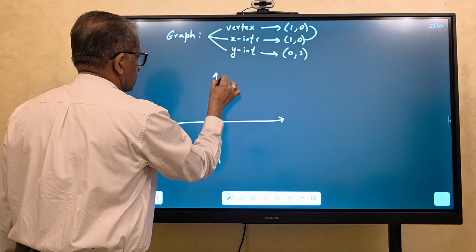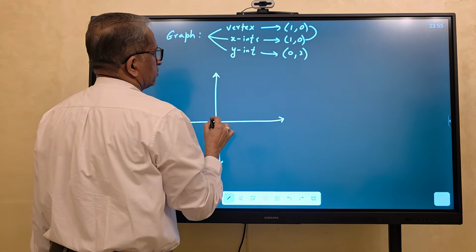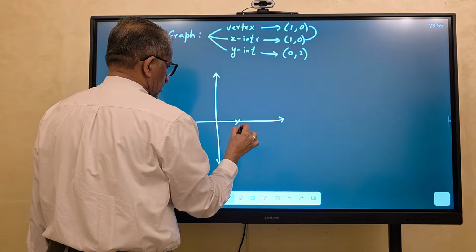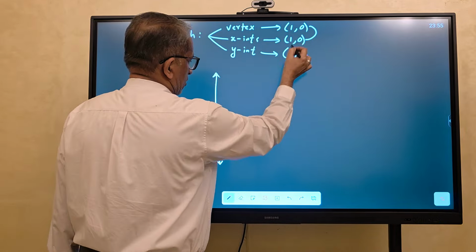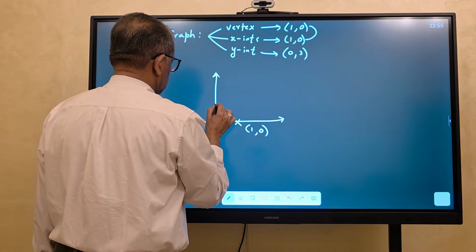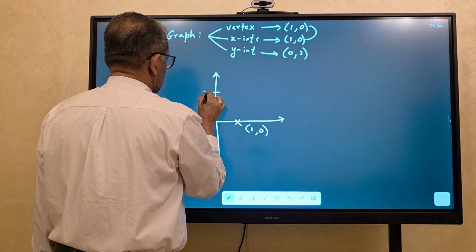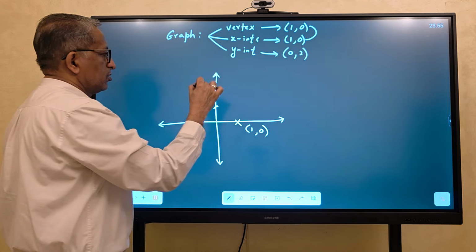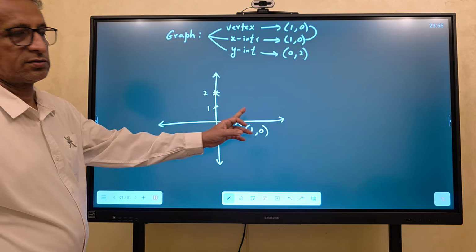This is the x-axis and this is the y-axis. 1 comma 0, this is 1 comma 0. Same 1 comma 0 here. 0 comma 2, this is 1 and this is 2. That is 0 comma 2. So we have only 2 points.